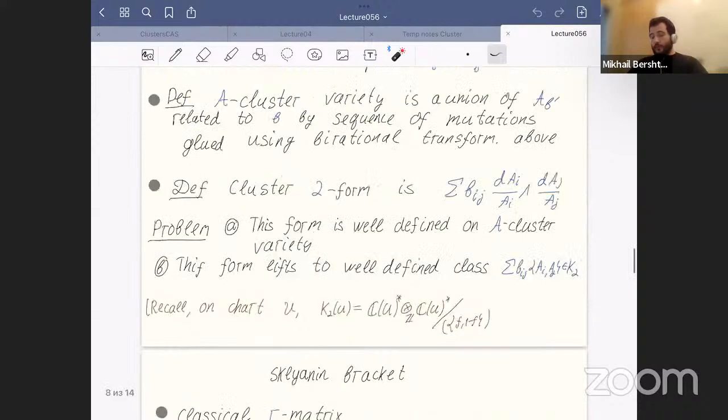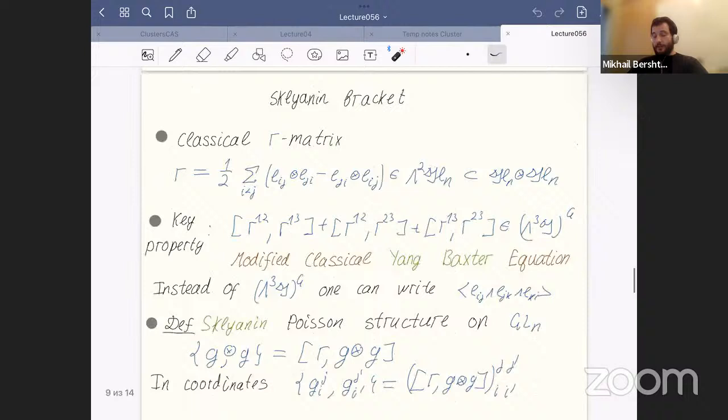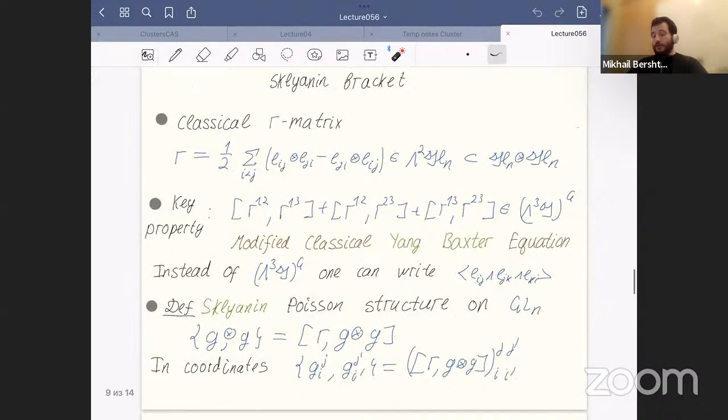And the theorem which we stated last time, and today I'll comment further, is that this bracket is equal to the standard, so-called Sklyanin bracket on the Lie group. I restrict myself to type A. So let's take the classical R matrix by this formula.